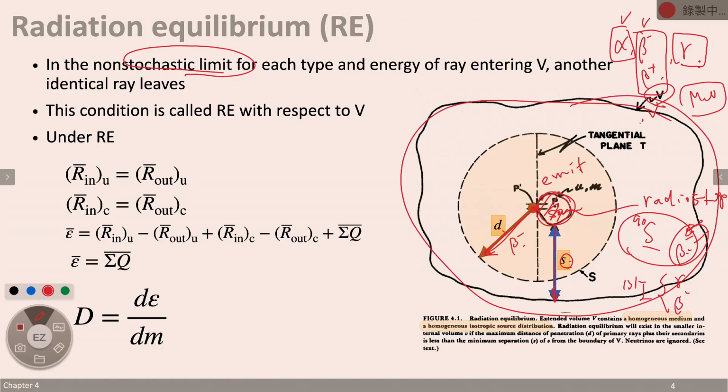It's a kind of ratio, so here you should think about having a transient equilibrium.